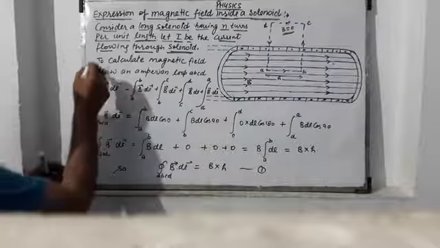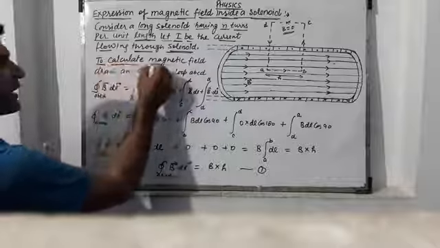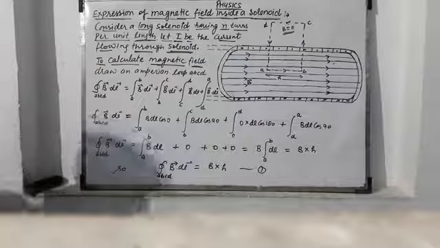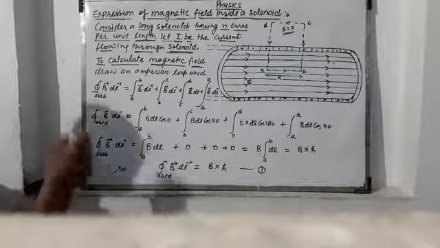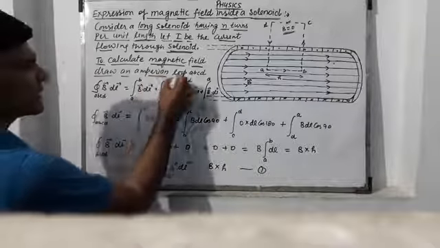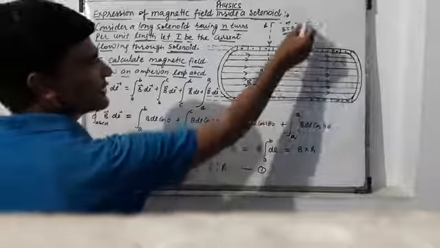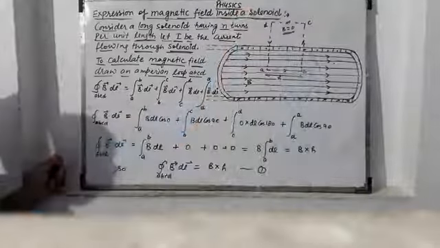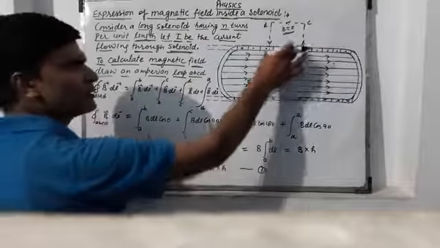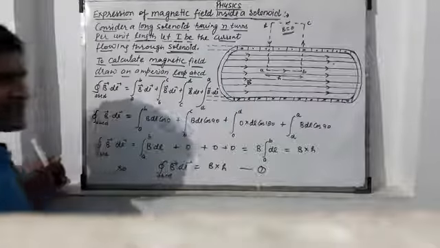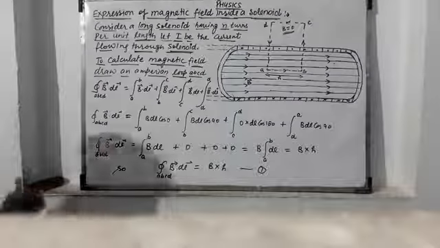So to calculate the magnetic field, draw an Amperian loop ABCD. This Amperian loop is partially inside and partially outside.